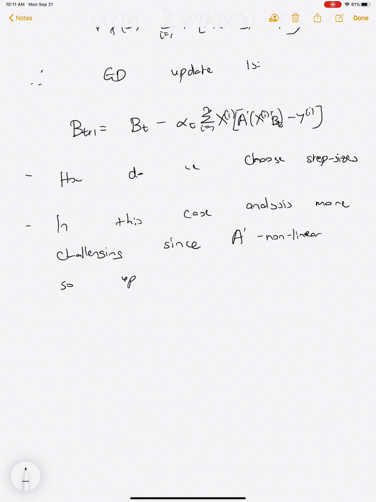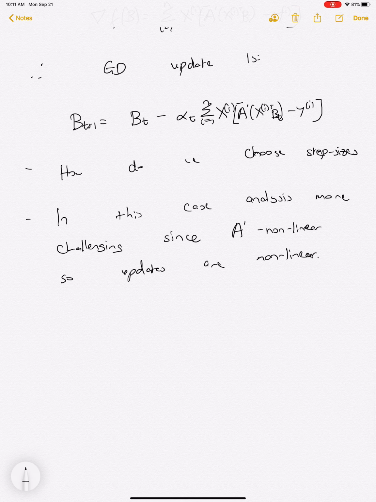So updates are non-linear. This makes deriving the update equations harder than in the case where A prime was linear, when we had f being a quadratic objective. That was relatively straightforward compared to this because here we have A prime, and we know that A is a strictly convex function, which means A prime has to be a strictly increasing function. But we don't really know too much more about it than that.